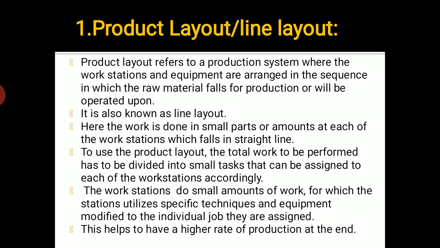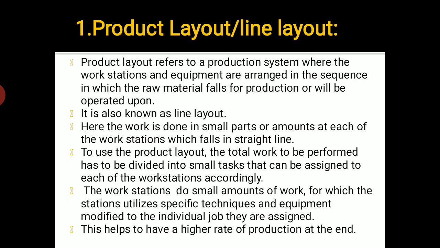Once the small part of work is done on machine 1, it automatically gets transferred to machine number 2. Once a small part of the work of machine 2 is done, it will gradually pass on to 3, 4 and 5 likewise. That means a small part of work is done at each machine on the raw materials.